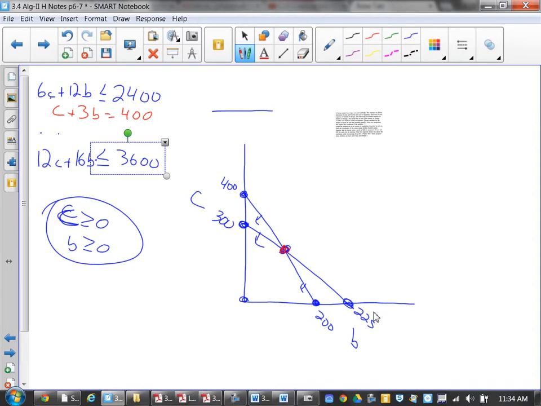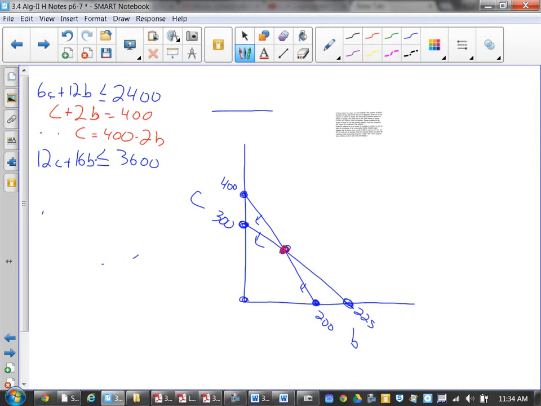Because I'm solving for C, now that means that C is 400 minus 2B. So 12 times.